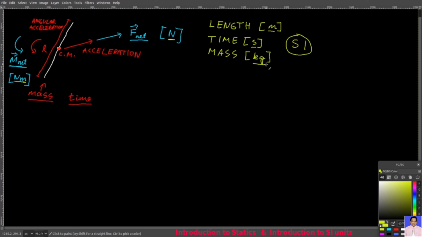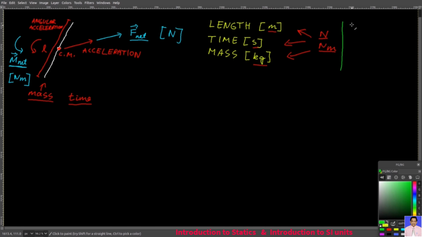Just give it a thought before you watch the next video. How would you write the force unit, Newton, and the moment unit, Newton meter, in terms of these three fundamental units? How would you express Newton and Newton meter in terms of meters, seconds, and kilograms?